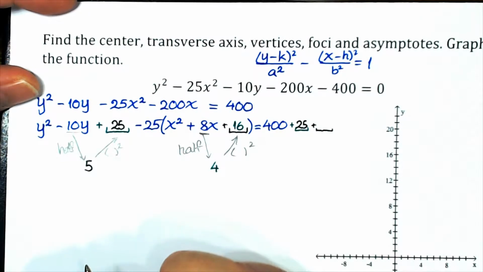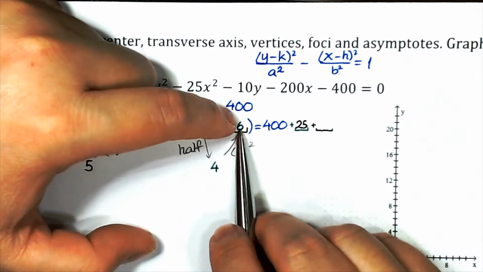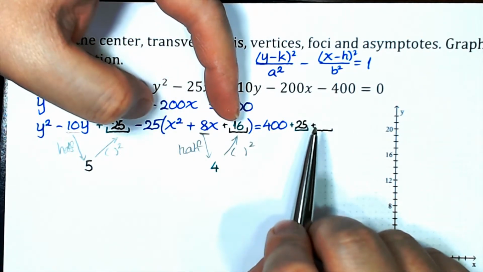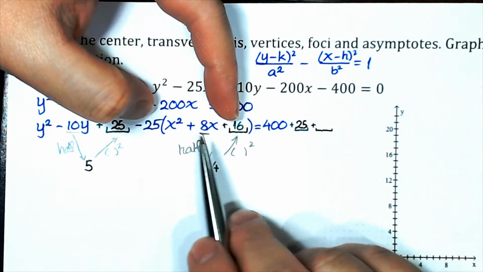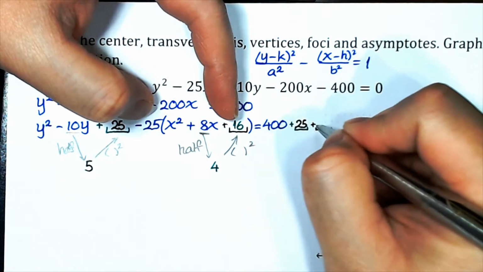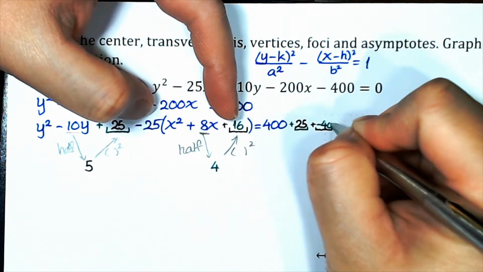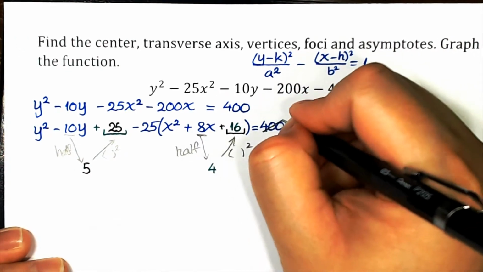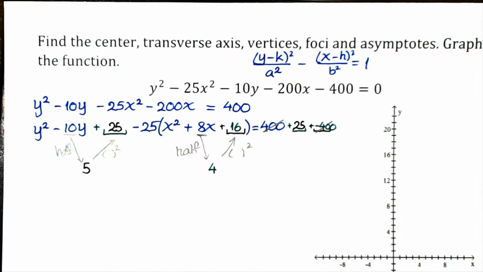But this time we add 16 inside, we don't put 16 on the other side, because we have to multiply by negative 25. So 16 times negative 25 is minus 400, and that's what we put on the other side. And so 400 and negative 400 cancel out.